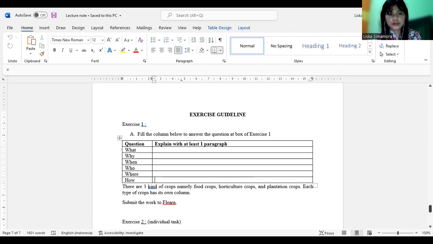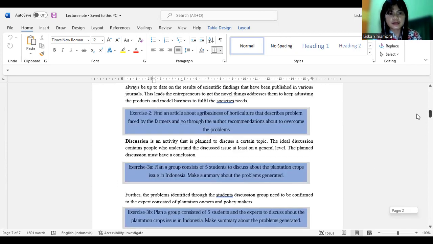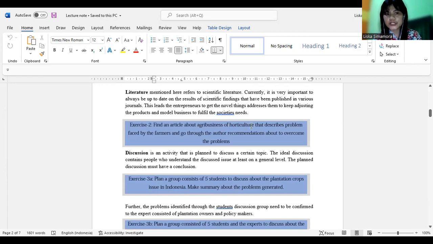Let's see the second exercise. The question for the second exercise is this: find an article about agribusiness of horticulture that describes problems faced by the farmers and go through the recommendations to overcome the problems. In exercise 2, I give a limitation to the article that you are going to review.